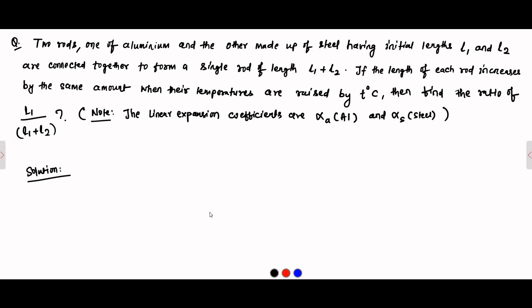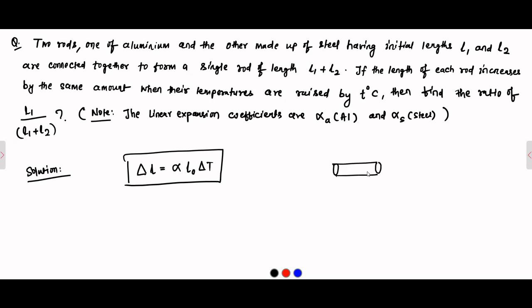Here the basic concept of thermal expansion will come into play, where the increase in length delta L because of temperature increase is equal to the linear expansion coefficient, the initial length, and then the rise in temperature. This is the basic thing. Here, according to the question, we have two rods.